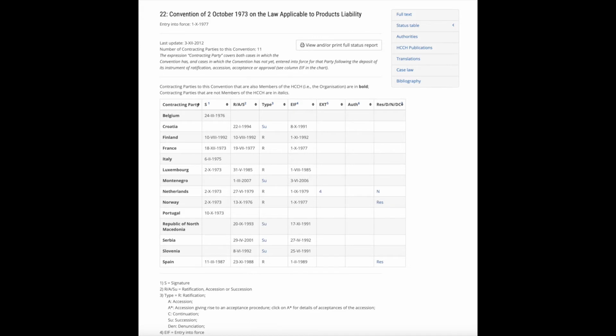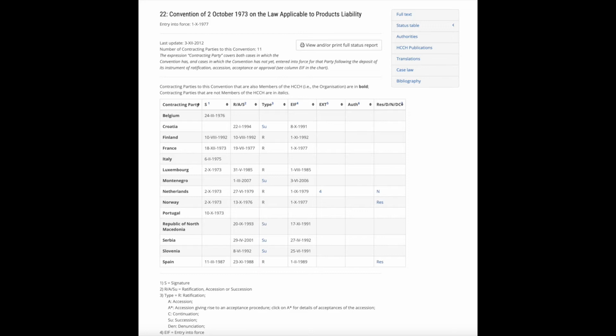But we have also this Hague Convention of 1973. And why is this convention important? For example, in Spain it is very important, and also in France, because both Spain and France are states parties in that convention of 1973. And although Spain and France are also member states of the European Union, courts in Spain and in France are not going to apply Article 5 of the Rome II regulation, but the Hague Convention of 1973.